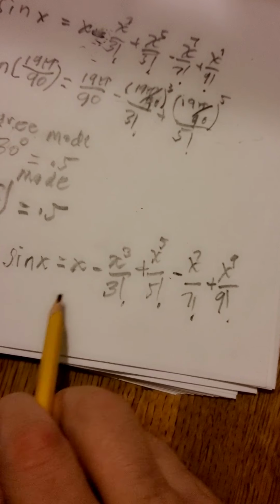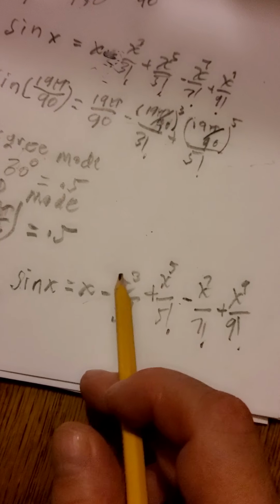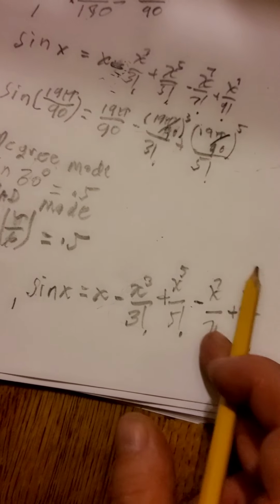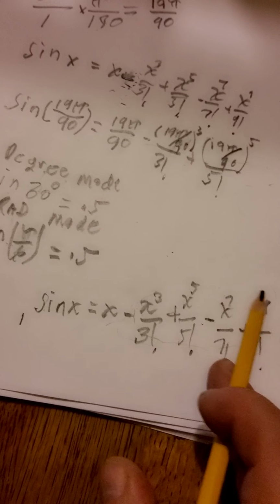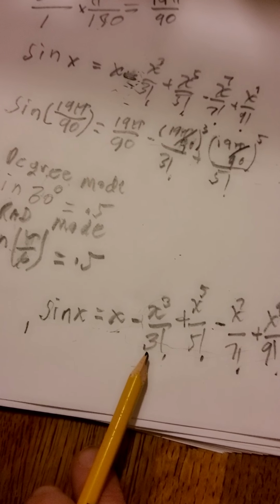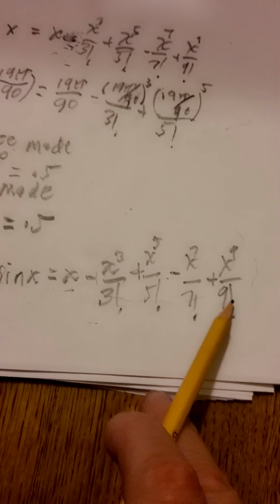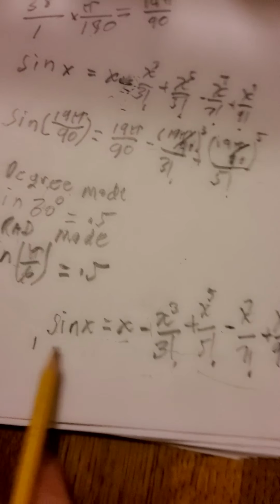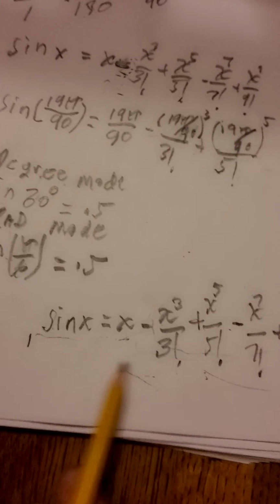For small angles, this just doesn't matter as much because you can just take the first term. But as the angles increase, the error increases. So this takes care of the error and gives you the accurate value for the sine function.